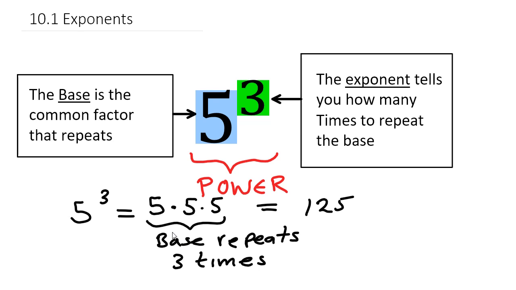The important piece here is not so much what this equals, but what it is that you are doing to obtain that result. So once again, the base is the number that will be repeated. It is a factor, that's why we are multiplying. And the exponent tells you how many times you will see that base repeated.